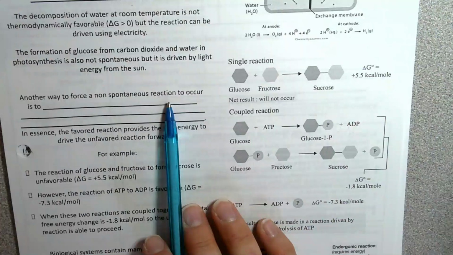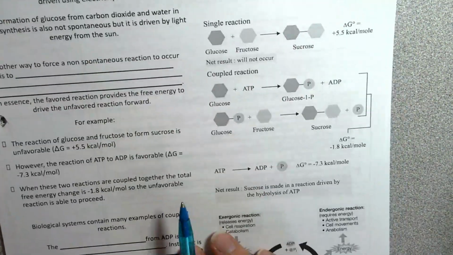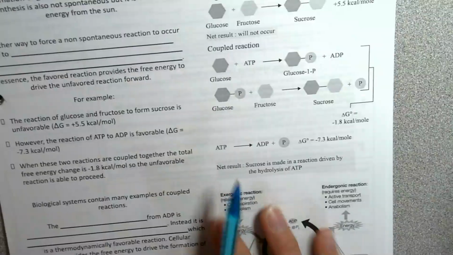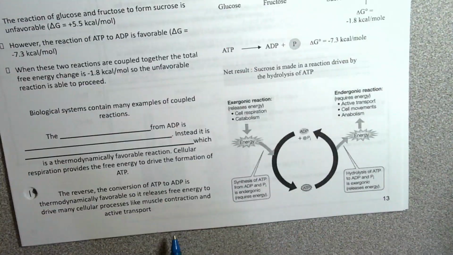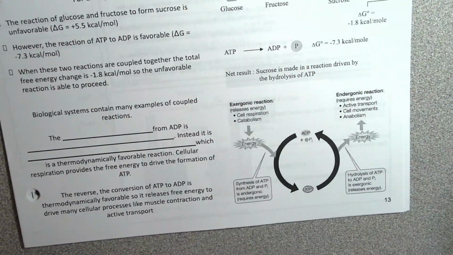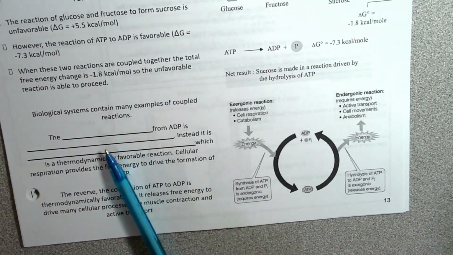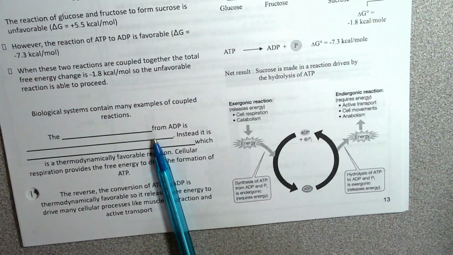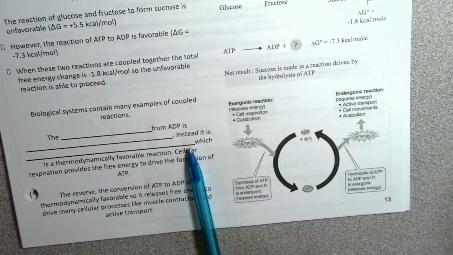Another way to force a non-spontaneous reaction, we just talked about that, is your coupled reaction. Here's some more examples. Biological systems. So plants, animals, we use the formation of ATP, and that is not favored.